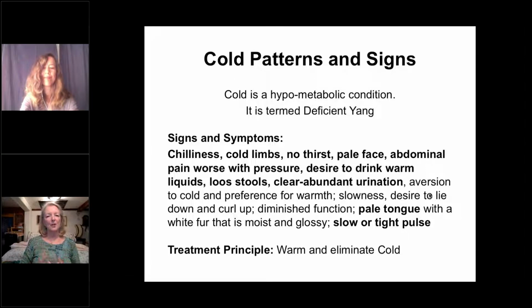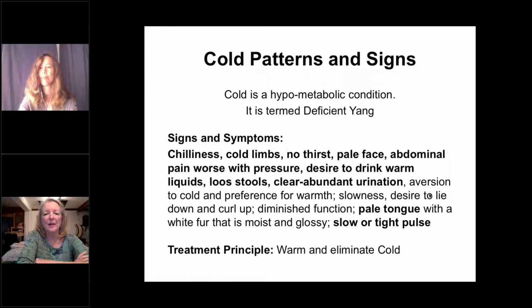Major signs: person feels cold, cold limbs, no thirst, pale face, pale tongue, or swollen tongue. If there's coldness, it could be pale, it might be swollen, but the coat will be white to clear and moist.